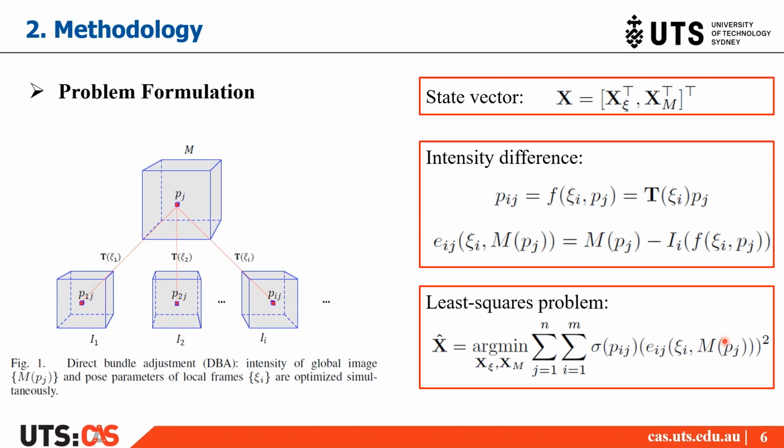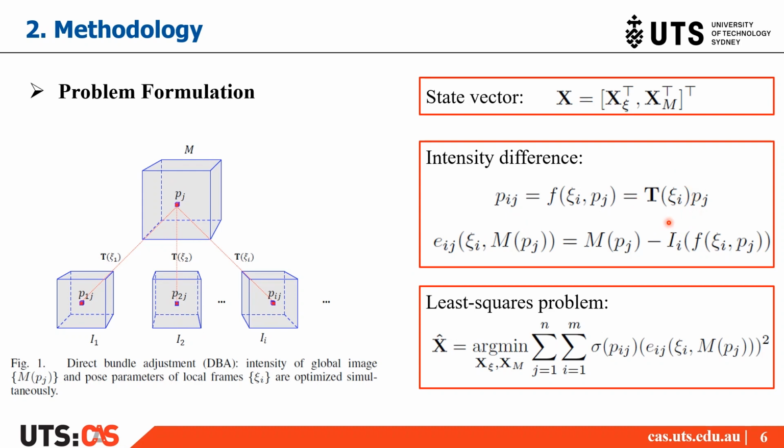The idea behind our proposed direct bundle adjustment is straightforward. We want to maximize the similarity between the fused image and the local images. In the figure on the left, the intensity m(pj) is fused from several corresponding voxels in different local images. In the rigid scenario, we can calculate coordinates of corresponding voxels pij by a Euclidean transformation matrix.